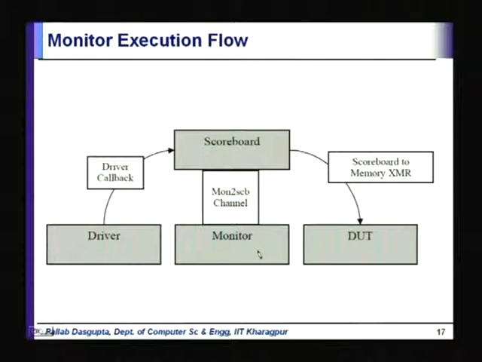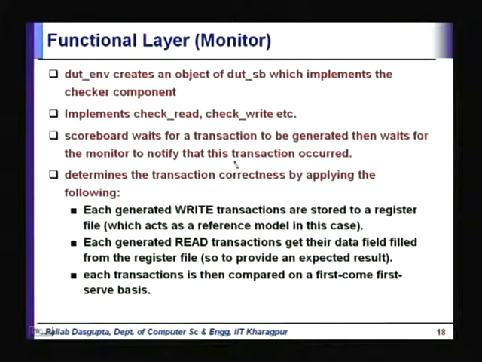Now there is the other side of this, where we look at the scoreboard side, right. From the monitor, there is a monitor to scoreboard channel, okay, and then that scoreboard maintains what coverage has been done. So in a very similar way, DUT-env creates an object of DUT-SB which implements the checker component, okay, implements check read, check write, etc. Scoreboard waits for a transaction to be generated, then waits for the monitor to notify that this transaction occurred, right.